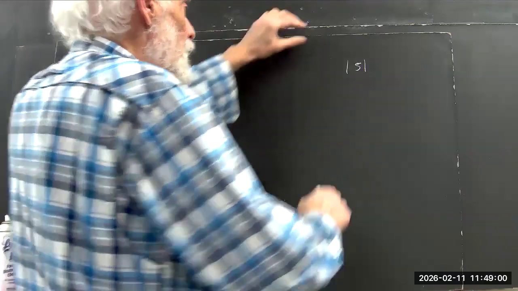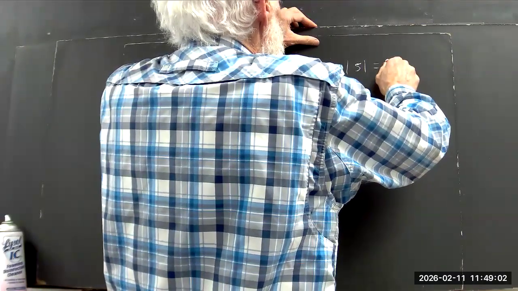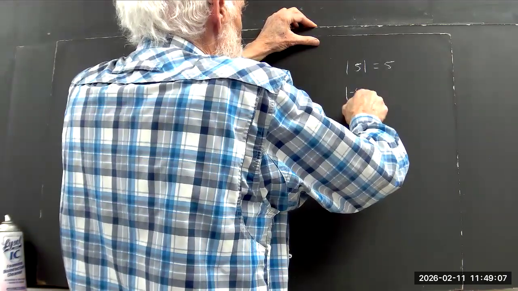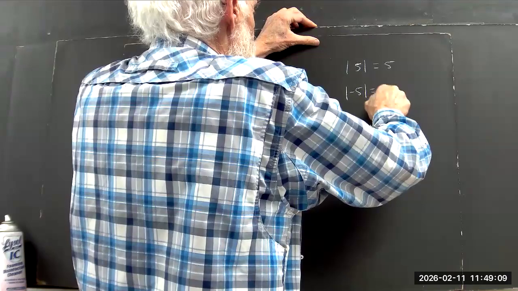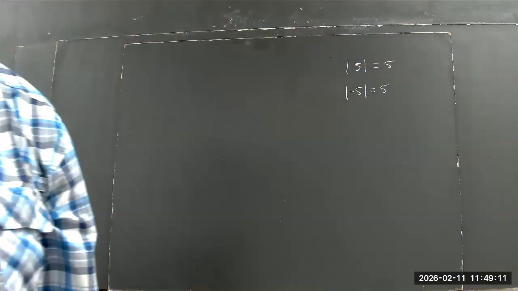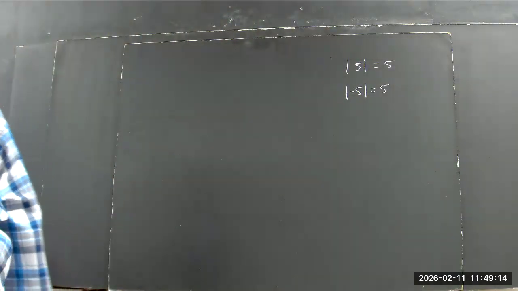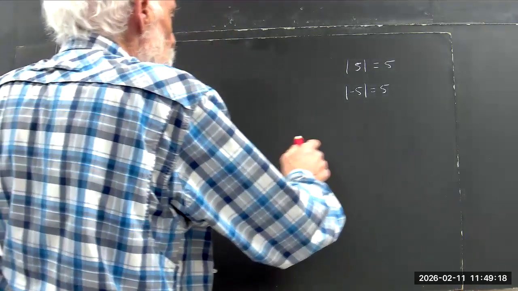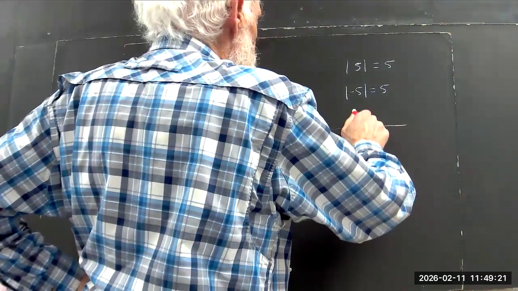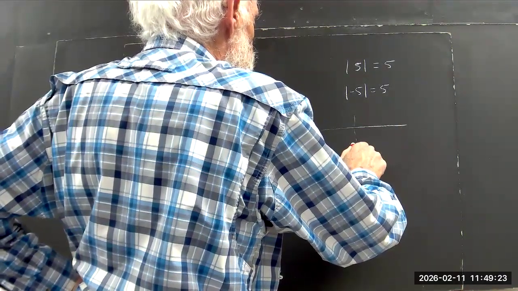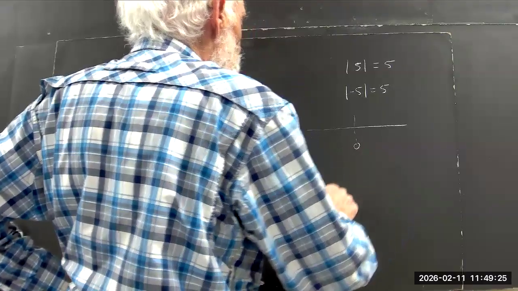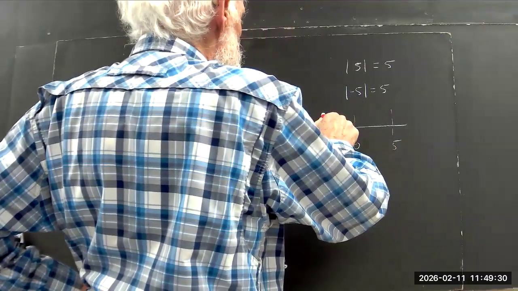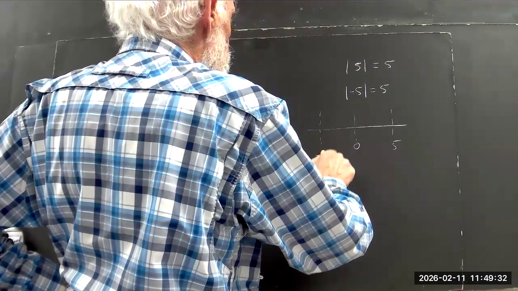The absolute value of 5 is 5. The absolute value of -5 is 5. Okay. The absolute value of a number could be visualized as, okay, here's 0. Here's 5. Here's -5.